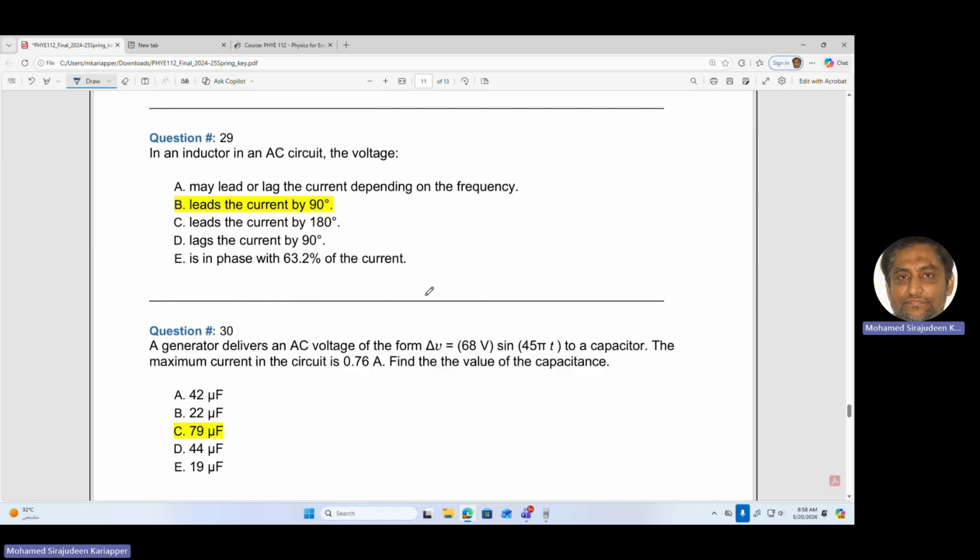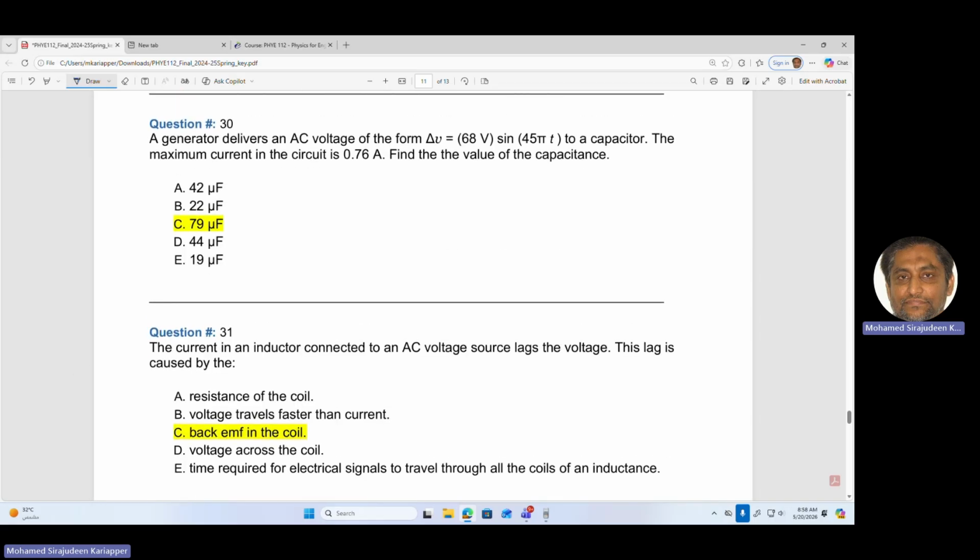The voltage across the capacitor will be lagging behind the current by 90 degrees. What about the resistor? The difference between current and voltage: no difference. It will be in phase, 0 degrees. So we are talking about the inductor. The answer is B. Voltage will lead the current by 90 degrees.